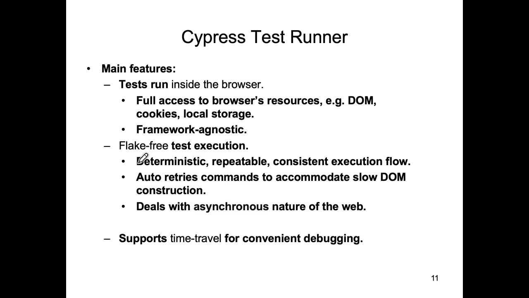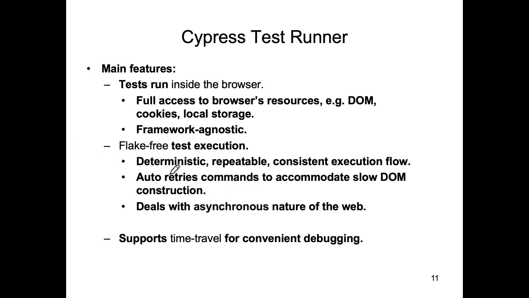That aspect of Cypress is what makes it deterministic and repeatable. In one execution of a test, the particular line that's looking for a DOM element may not find it. So it'll retry a second time. May still not be there.